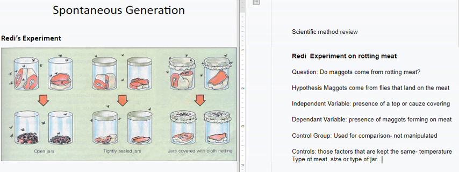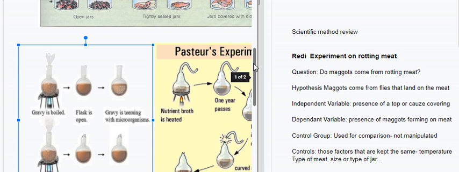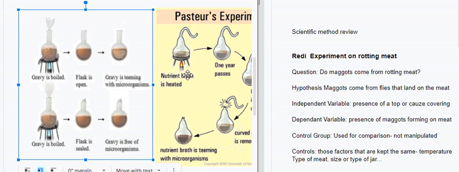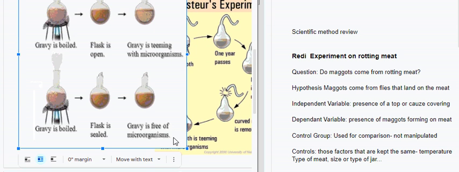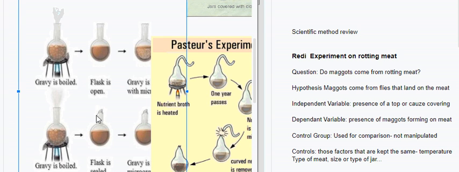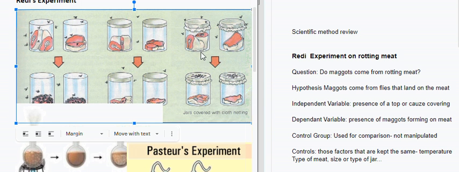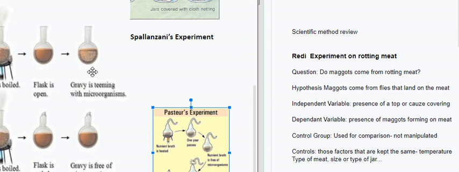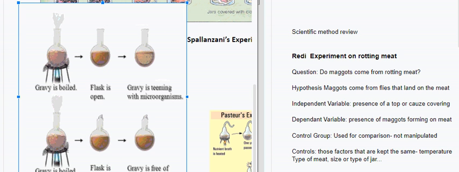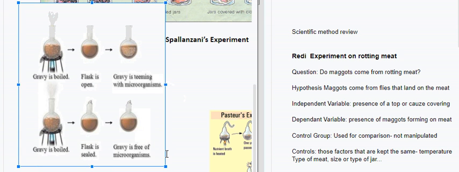Now I'm going to bring you to a second experiment. And this one right here, because one of the premises of the scientific method is that when you publish your results, other scientists need to be able to evaluate your work.